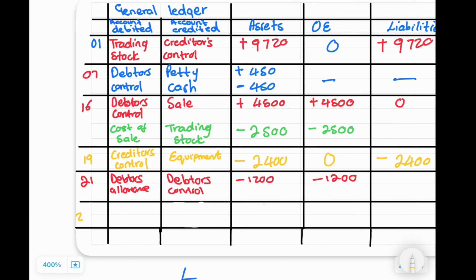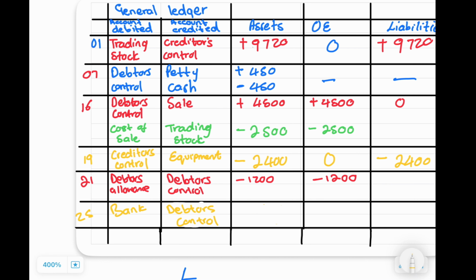This is day 25. First account which will be debited will be bank, because bank is increasing. Second account to be credited will be debtors control. Remember, debtors control is affected twice, but you don't have to write it twice.